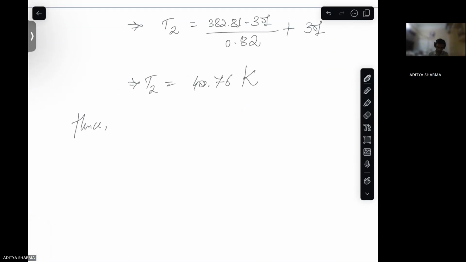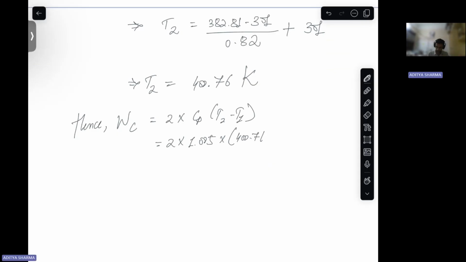Hence, WC is equal to 2 into Cp (T2 minus T1), which is 2 into 1.005 into (400.76 minus 301).